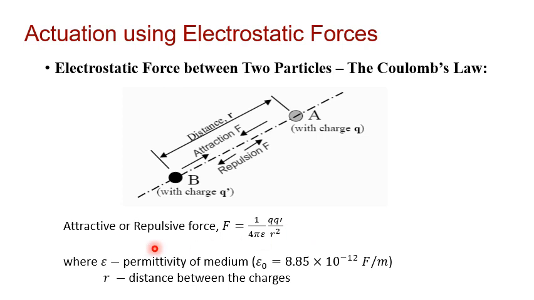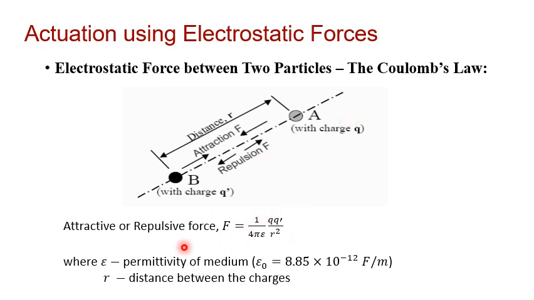So the attractive or repulsive force is given by F is equal to 1 by 4 pi epsilon Q into Q dash divided by R square, where R is the distance between the two charged particles and Q and Q dash are the charges.